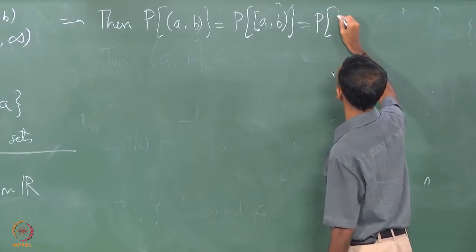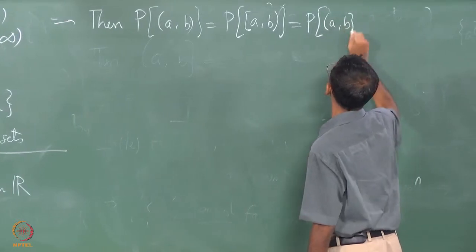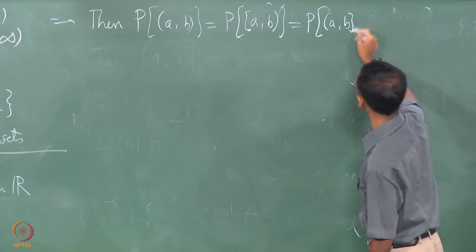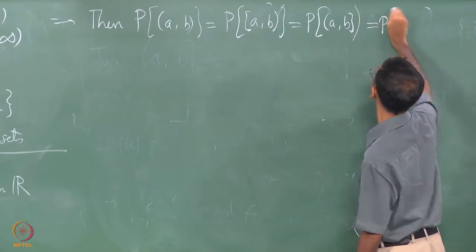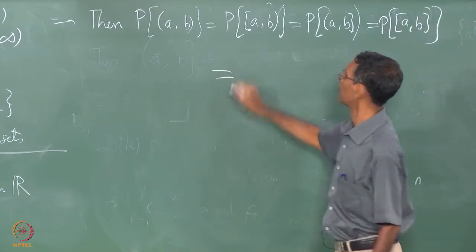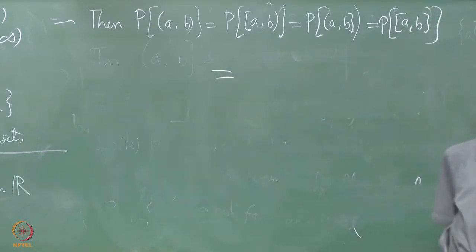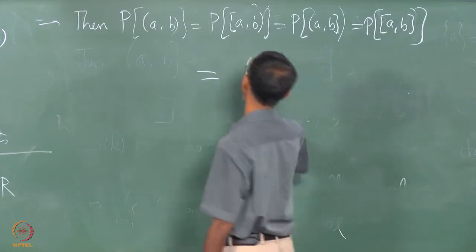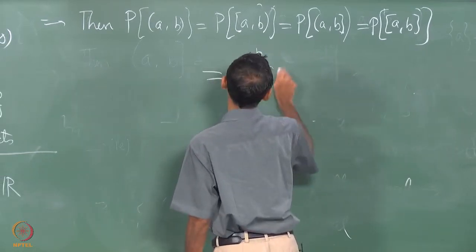As long as A and B are finite, I can look at 4 possibilities here, right? P of AB is equal to what? Based on f, what should I do? I have to integrate from A to B. It's as simple as this.